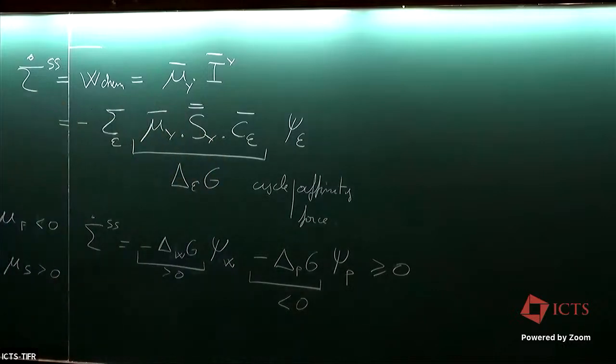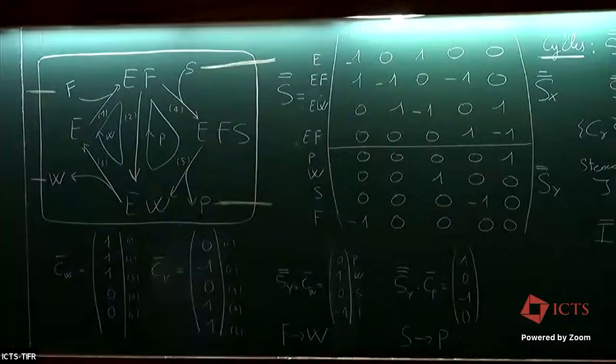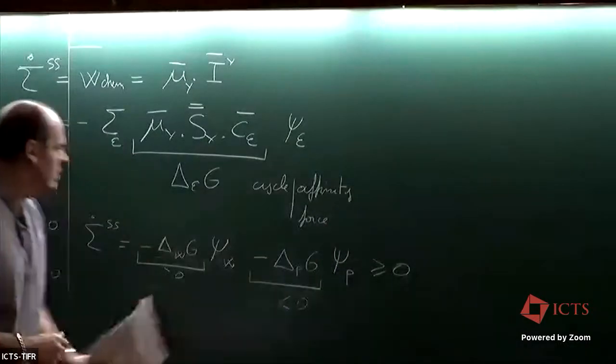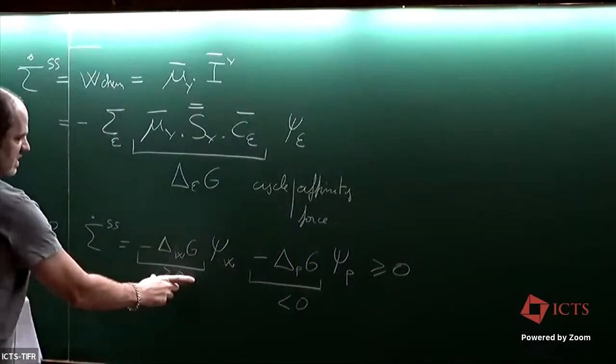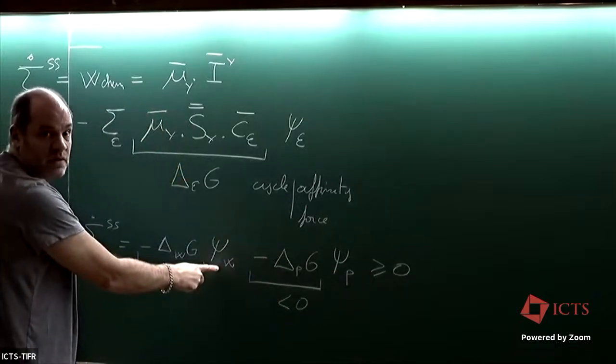So imagine for a second, let's do this Gedanken experiment where we only look at the first cycle. This is the W one. So if the W cycle would be alone, this part would not be there. And so this is positive. So for this to be positive, the flux needs to be positive.